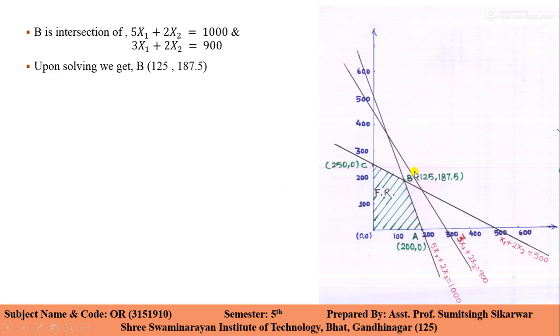Upon solving, you will have the value of B as (125, 187.5). Now put all these corner values of points A, B, C, O.